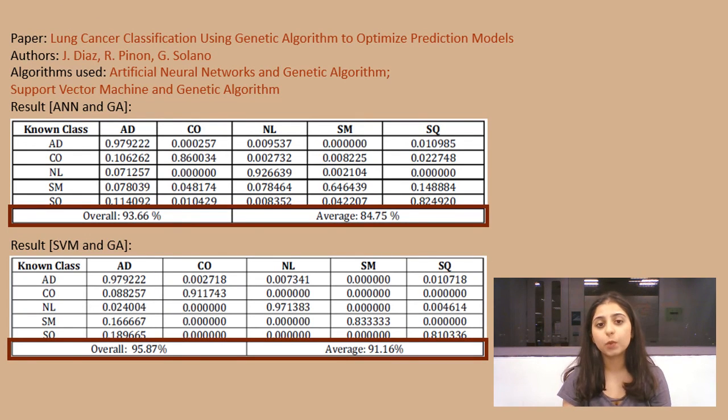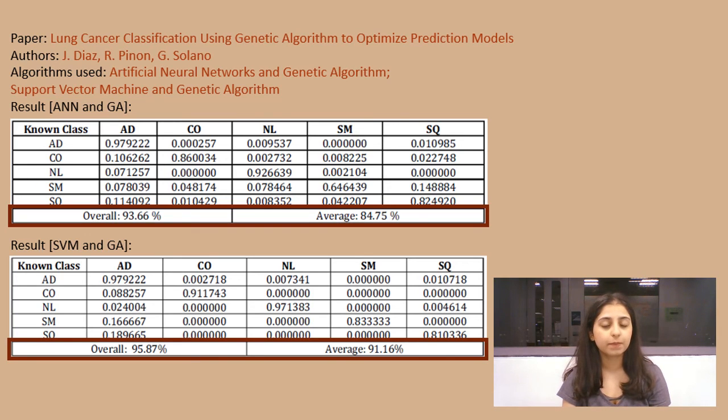A similar study was conducted by Diaz, Pinon, and Solano, in which lung cancer was diagnosed through genes. But in their proposed algorithm, GA was combined with support vector machine and artificial neural network algorithm separately, and a comparison was made between the two algorithms.